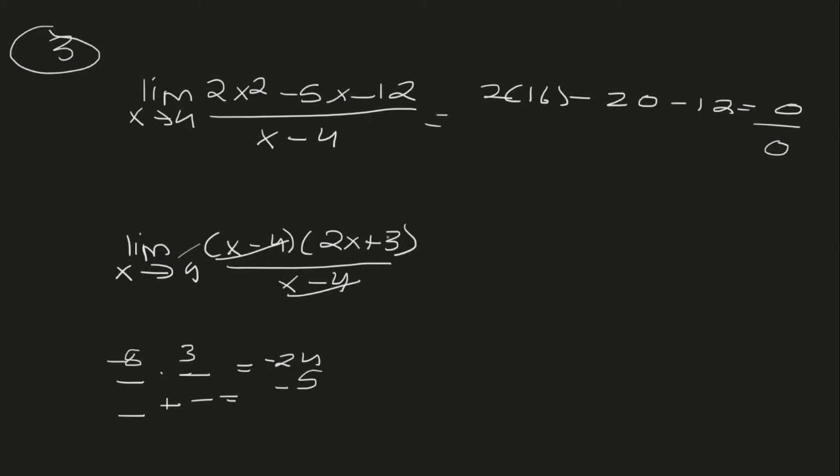Two things that cancel out, which leaves us with the limit as x approaches 4 of 2x plus 3. Plug in a 4 using regular substitution. 2 times 4 plus 3, which finally gives us 11.